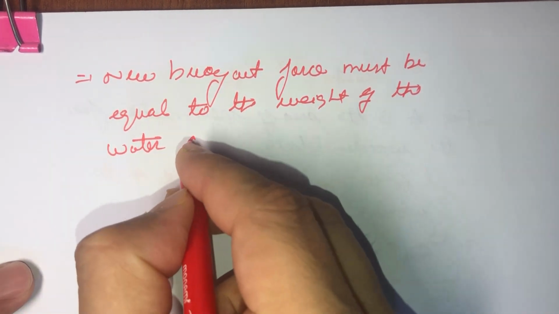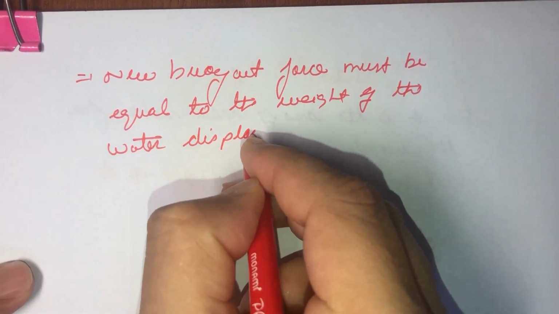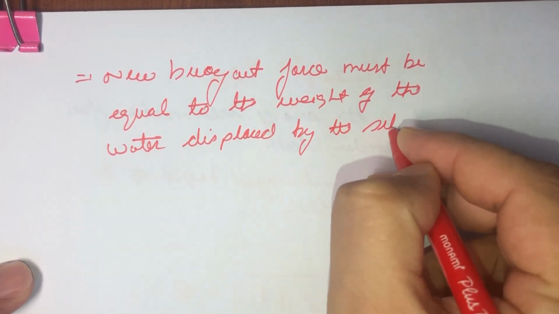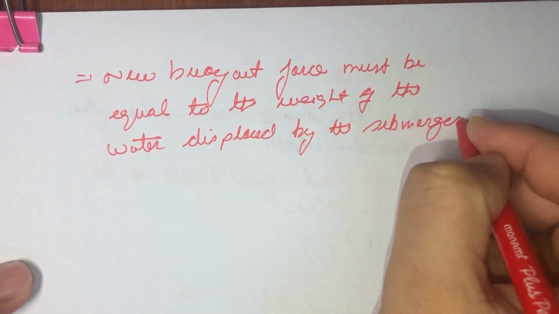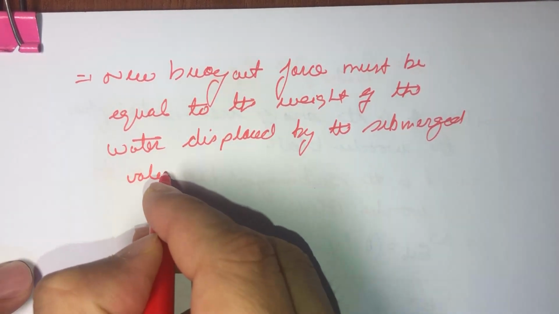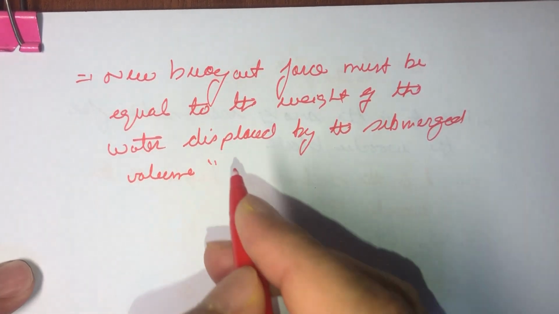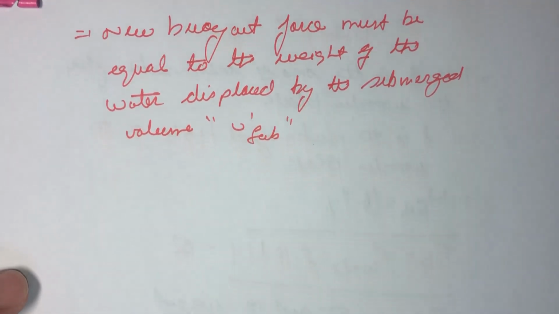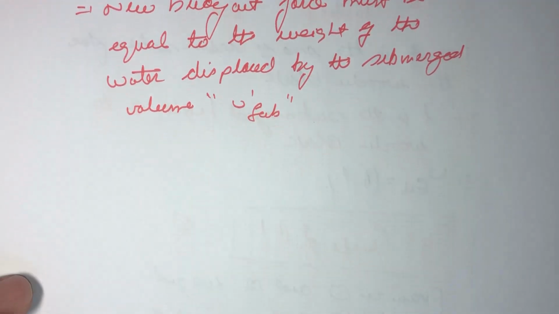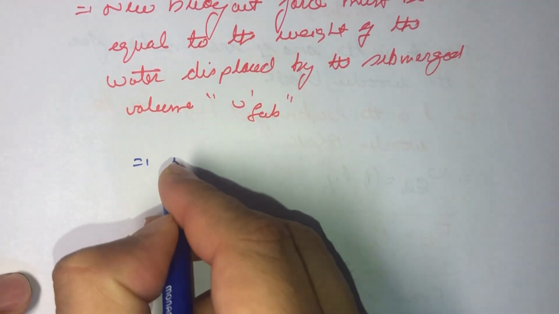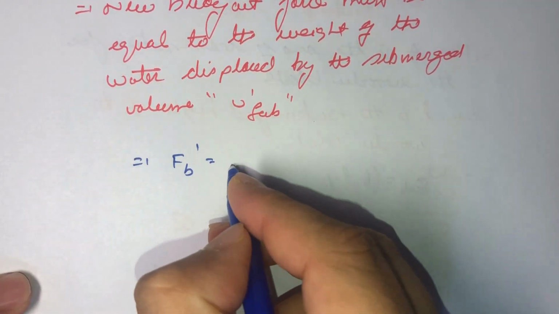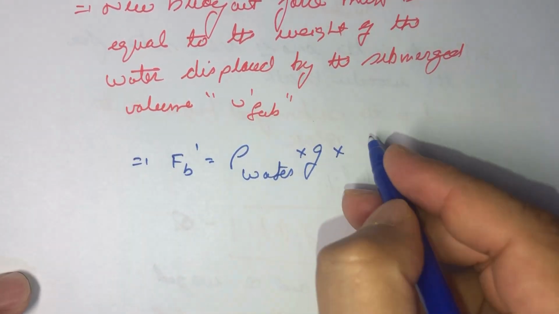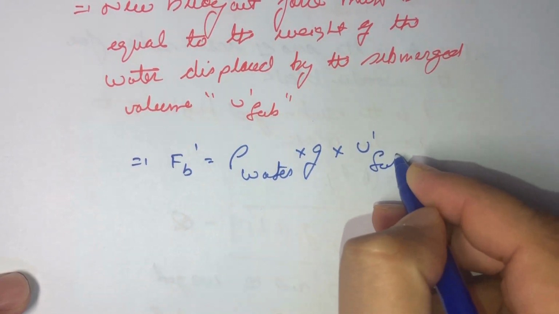So the new buoyant force Fp prime will be equal to density of the water, which will be the same, multiplied by g and multiplied by V prime sub.